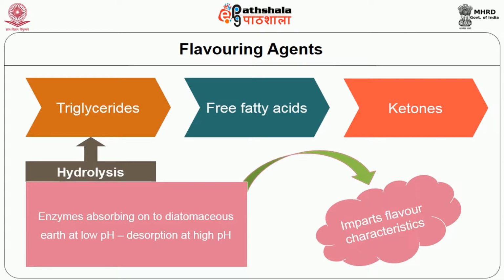The enzyme hydrolyzes triglycerides to form free fatty acids, which can then be converted to ketones. The enzyme can be prepared by absorbing onto diatomaceous earth at low pH followed by desorption at higher pH and imparts a flavor characteristic of the animal from which it is derived.